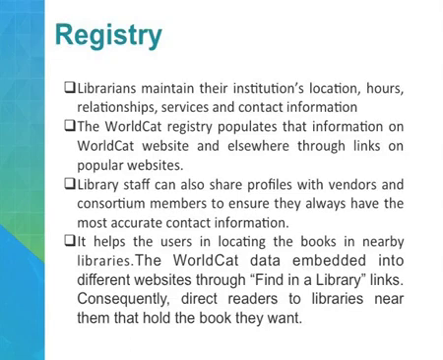Library staff can also share profiles with vendors and consortium members to ensure they always have the most accurate contact information. It helps users in locating books in nearby libraries. The WorldCat data is embedded into different websites through the Find in a Library link, and consequently directs readers to libraries near them that hold the books they want.